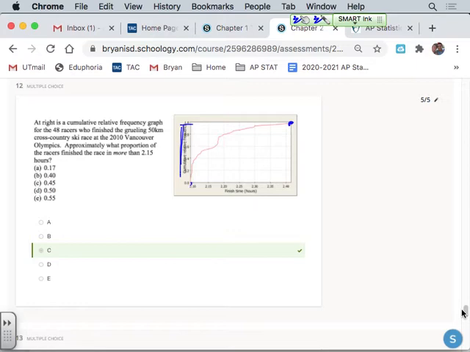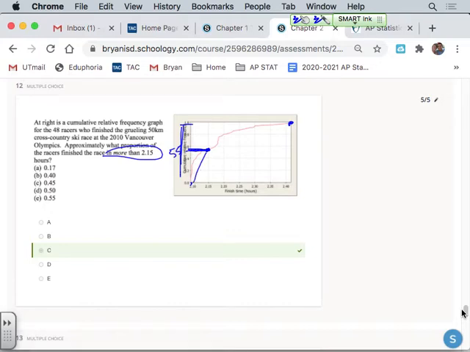So what proportion finished the race in more than 2.15 hours? So you go to 2.15, and it's right here. If I was to estimate that number on the cumulative amount, it looks like this is at 55%.